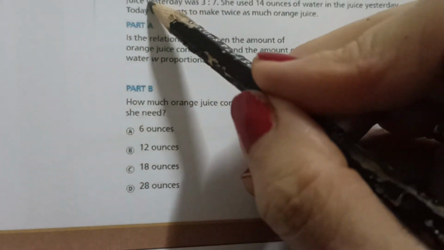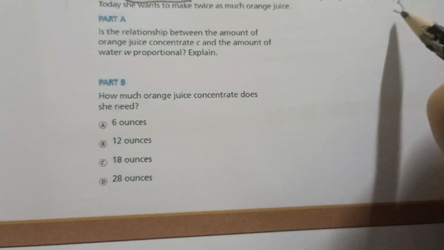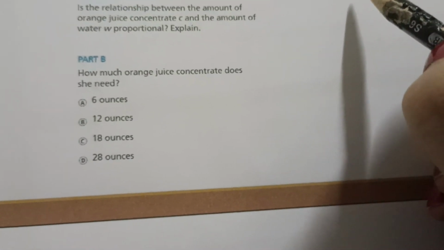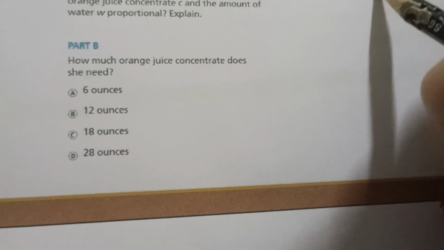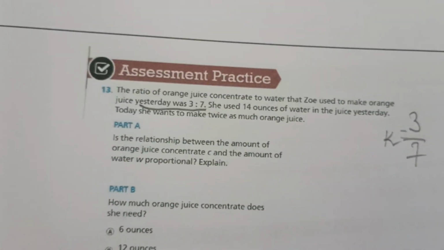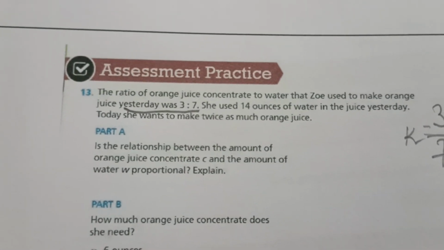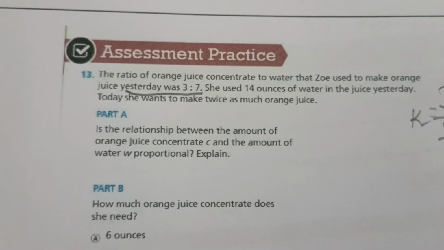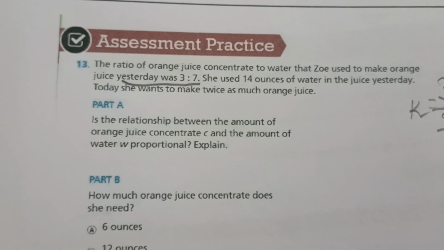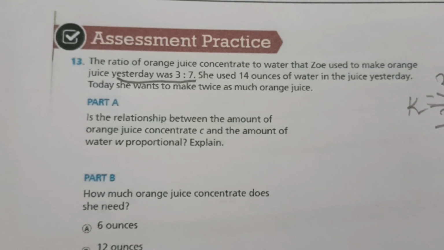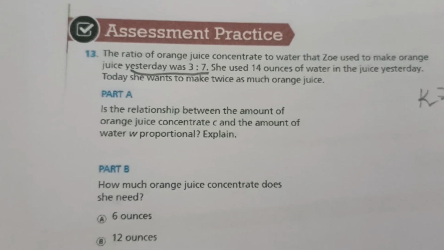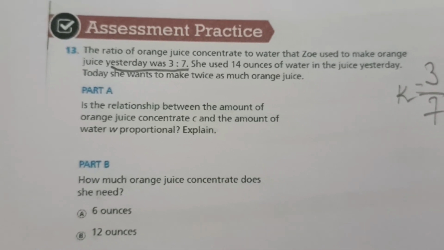Okay, so yesterday it was 3:7. So we can say that this is our constant of proportionality, 3/7, okay? We used 14 ounces of water in the juice yesterday. So how much concentrate did she use?